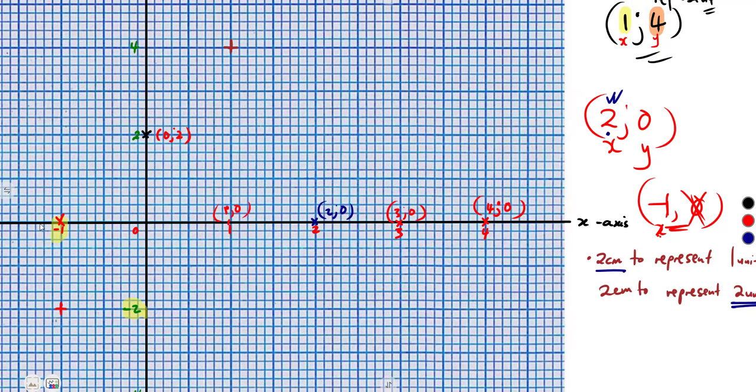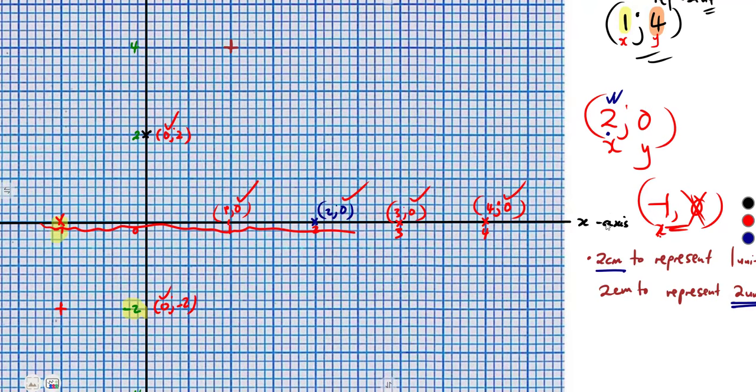So you can tell that along the x-axis, y is always equal to 0. And along the y-axis, you're going to notice that x will always be equal to 0, which is part of equations of straight lines that we're going to talk about later on. So these are the coordinates.